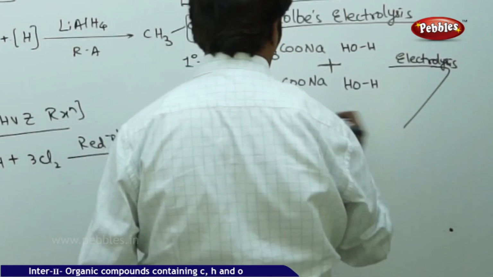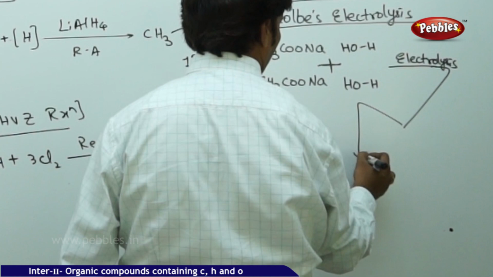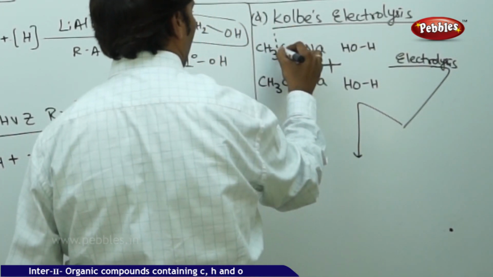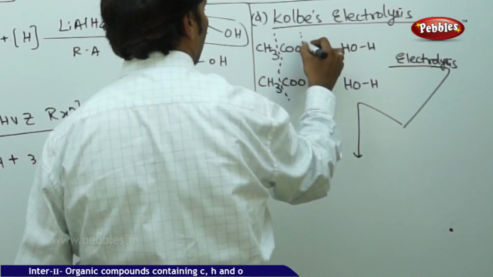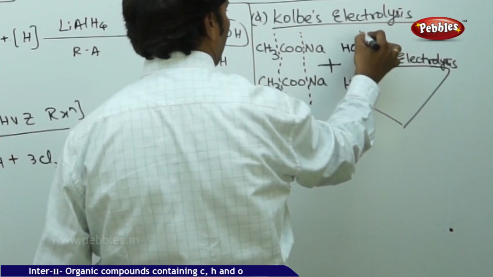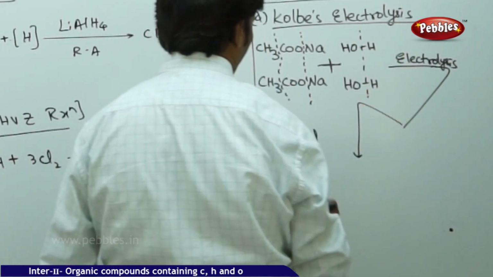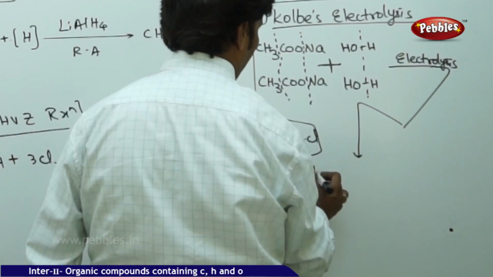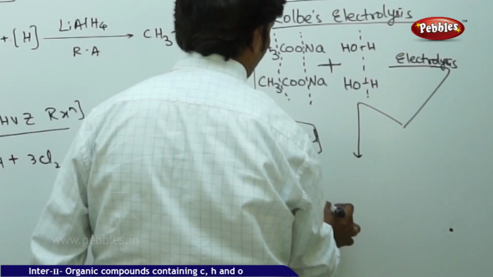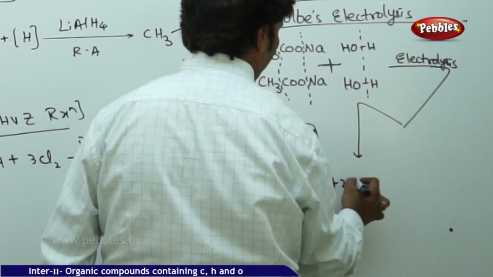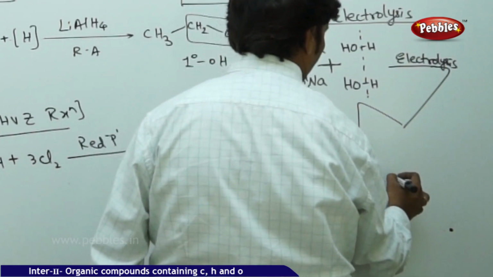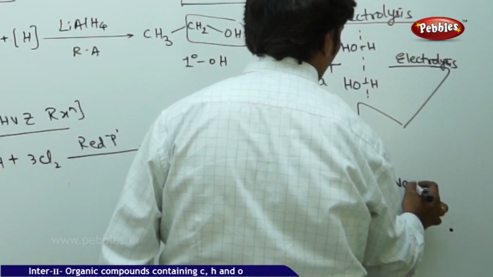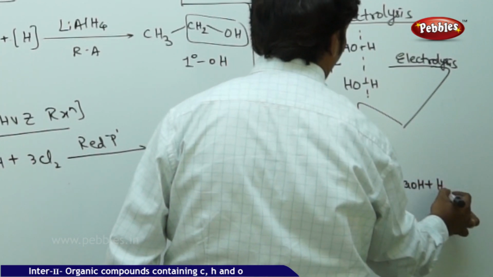You find that here the products obtained, here the bond breaks 4 times, 4 different products are obtained. So here you can take the product as one is CH3-CH3 plus 2 molecules of carbon dioxide, and again 2 molecules of NaOH and 1 molecule of H2 gas.